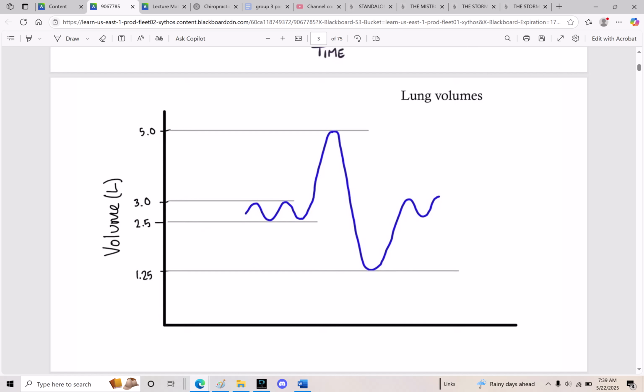You have the vital capacity. Remember, your vital capacity is the tidal volume plus inspiratory reserve volume plus expiratory reserve volume, okay? And then of course some air is going to stay in the lungs, and that's going to be your residual volume, right? And all these together, that's your total lung capacity, okay?